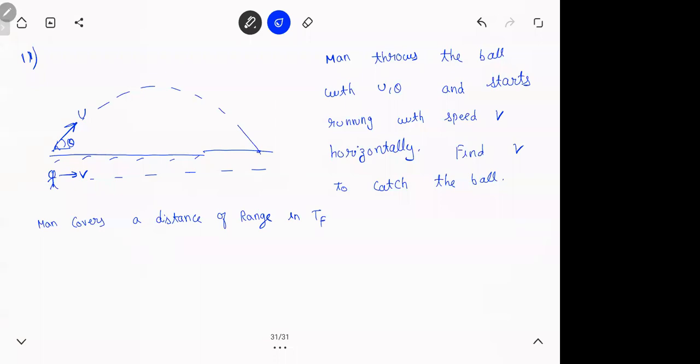The man and the ball will reach the position at the same time, so in the same time the man covers the same distance. So the speed of the man will be distance by time. Here distance is range and time is time of flight. And if you remember the range formula, it is u cos theta into time of flight, horizontal velocity into time of flight.